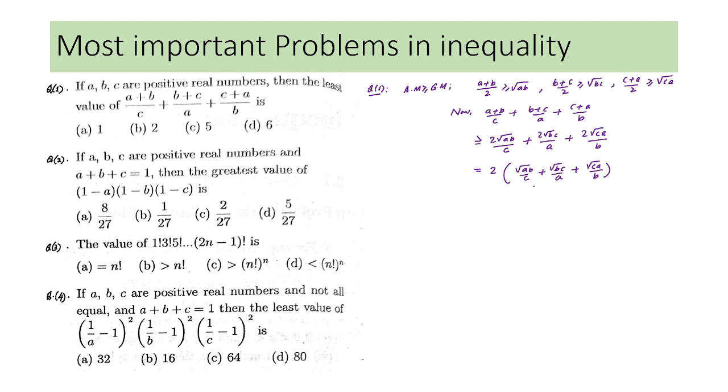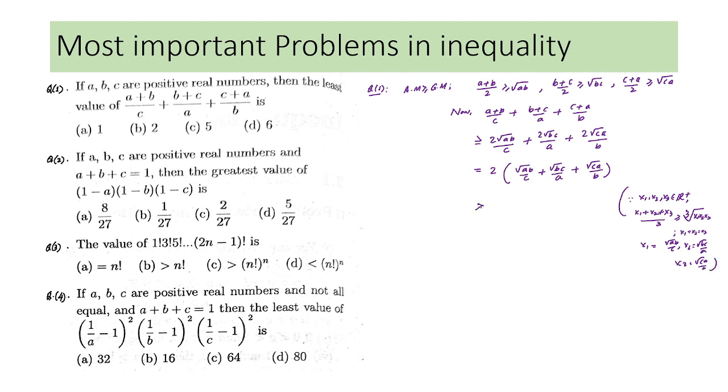Now again we apply AM greater than or equal to GM for three numbers, say x1, x2, x3. These are three positive real numbers. Applying AM greater than or equal to GM, (x1 plus x2 plus x3) by 3 is greater than or equal to the cube root of x1 x2 x3. Here you take x1 equals root AB by C, x2 equals root BC by A, and x3 equals root CA by B. So what you will get?